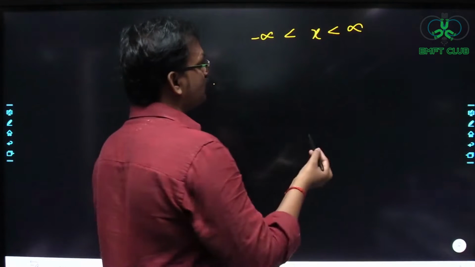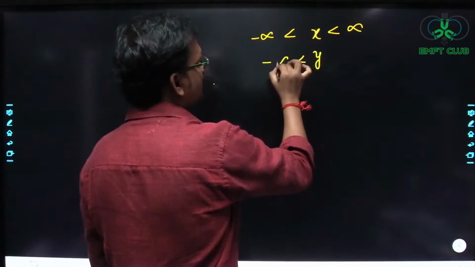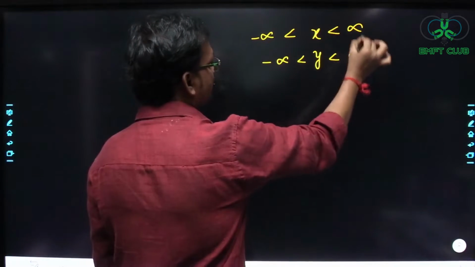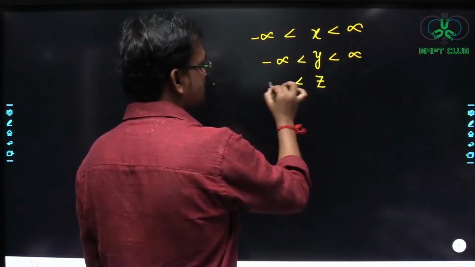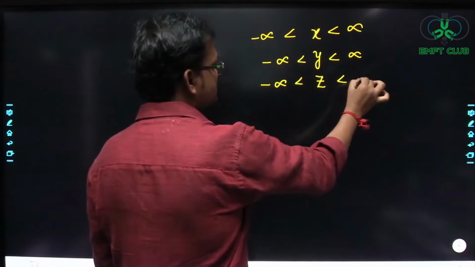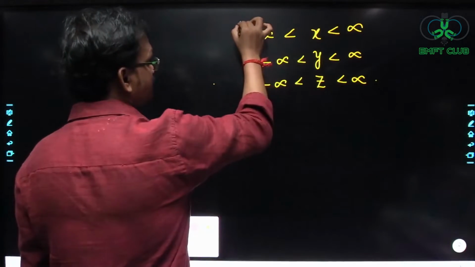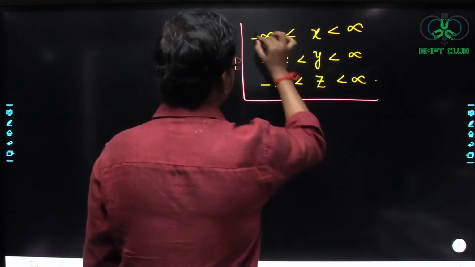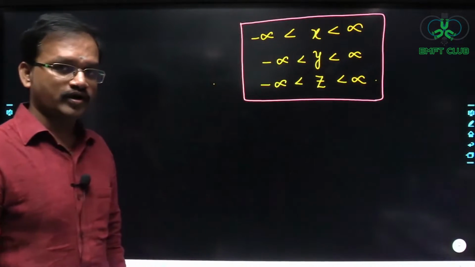Similarly, what is the range of y here? Its range is from minus infinity to plus infinity. And what is the range of z here? The range of z is also from minus infinity to plus infinity. Okay. So I hope you know these things here, right? This is the range of x, y, and z in the rectangular coordinate system.